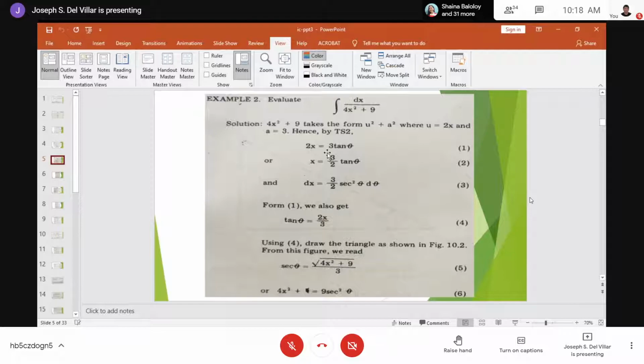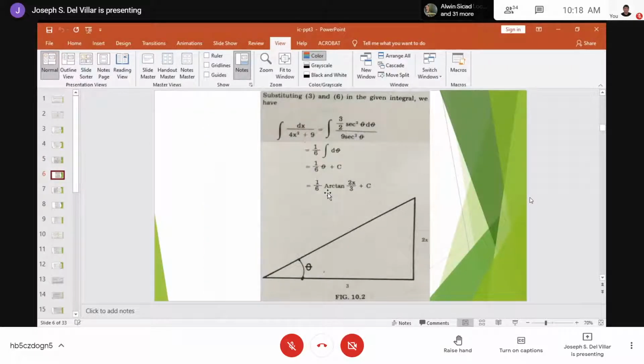Solve for the tangent of theta, 2x over 3. Diba? Tangent yun. Kaso theta lang ang hinahanap natin. So therefore, theta is arctangent of 2x over 3. Okay? So we have 1/6 arctangent 2x over 3 plus c. That's the final answer.